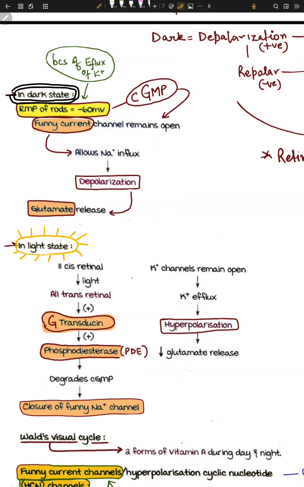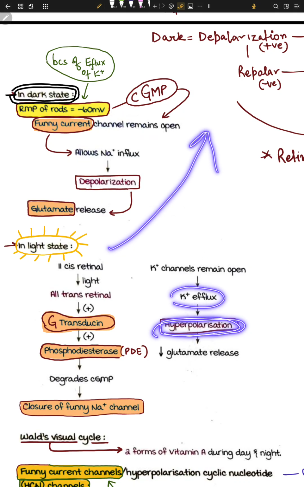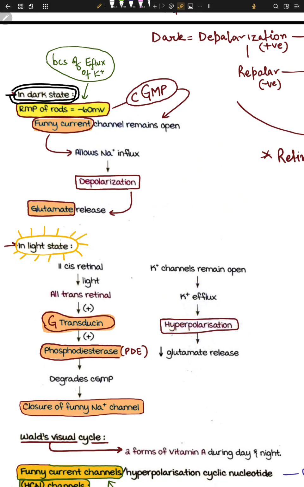Once no sodium comes in, the continuous efflux of potassium ions will keep going on, so the cell will start to get negatively charged again. So cyclic GMP ended with depolarization, and light eventually ended the cell in a hyperpolarized state, a negatively charged state, because the potassium was getting out continuously. So that's the concept of hyperpolarization.